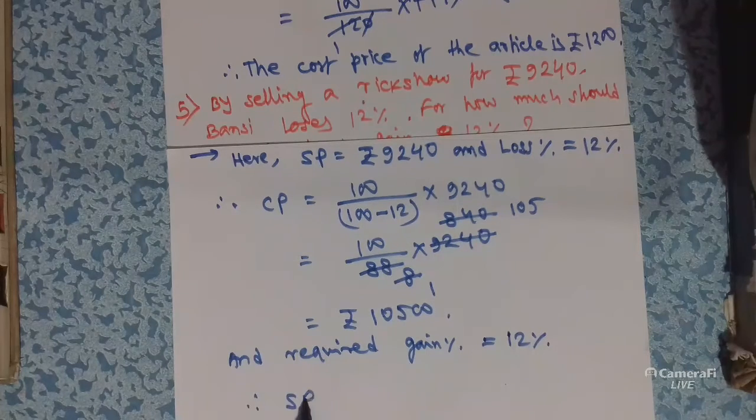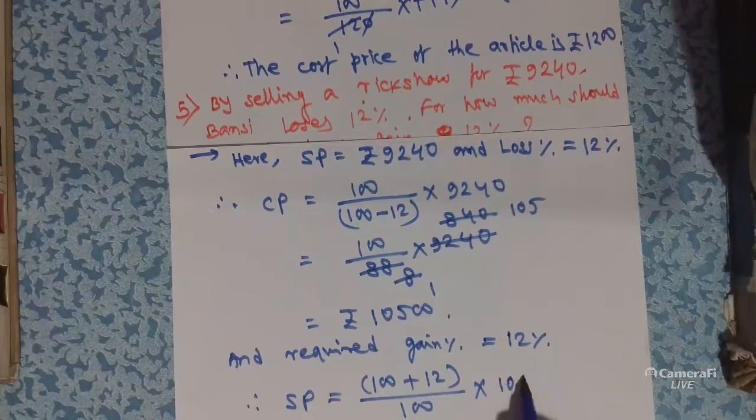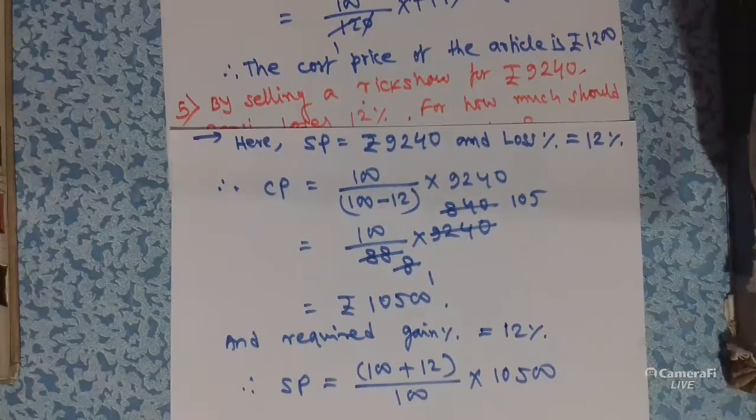So selling price is equal to 100 plus gain percent by 100 multiply cost price. So here cost price is 10,500.